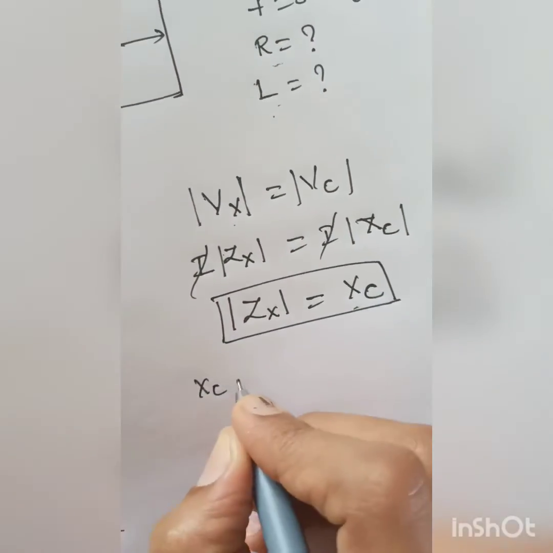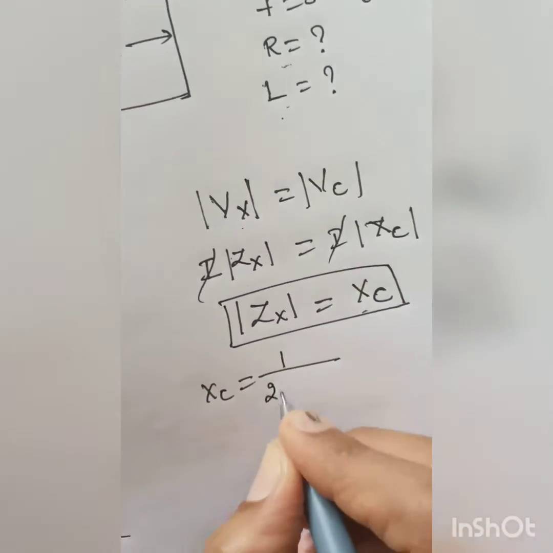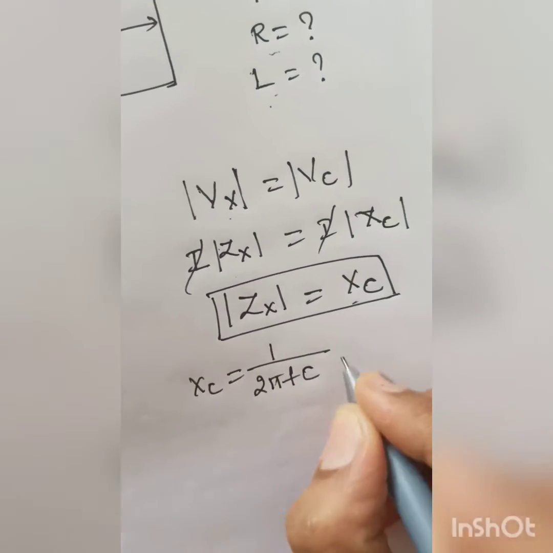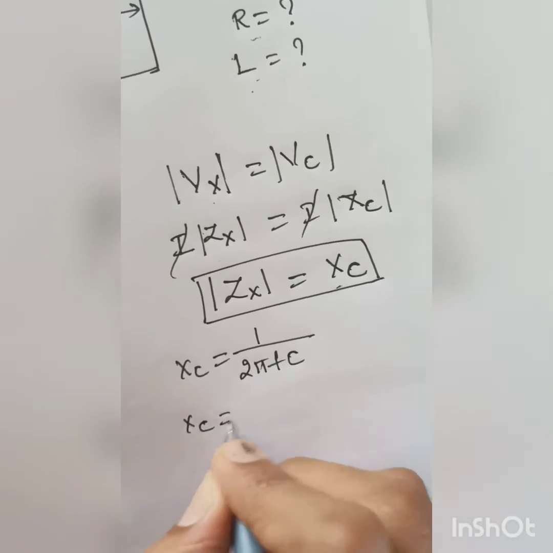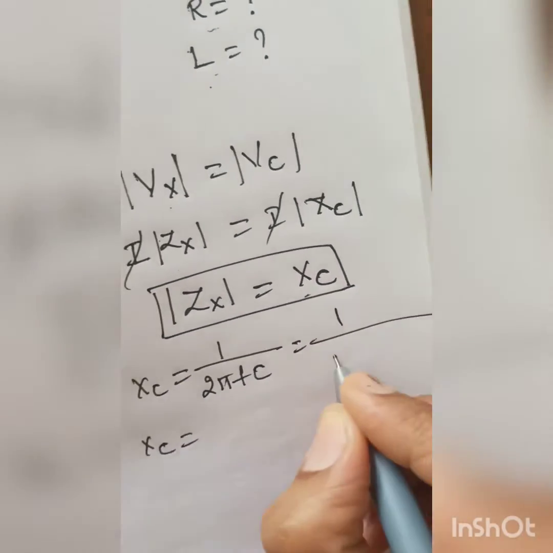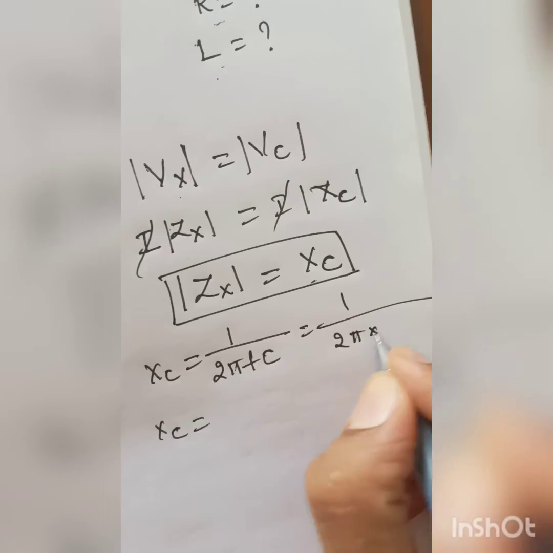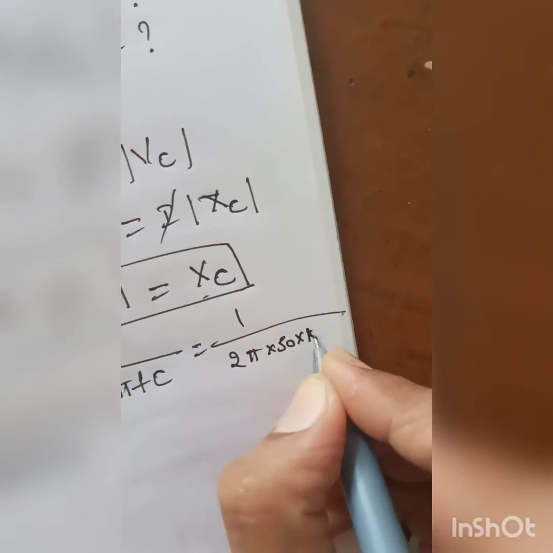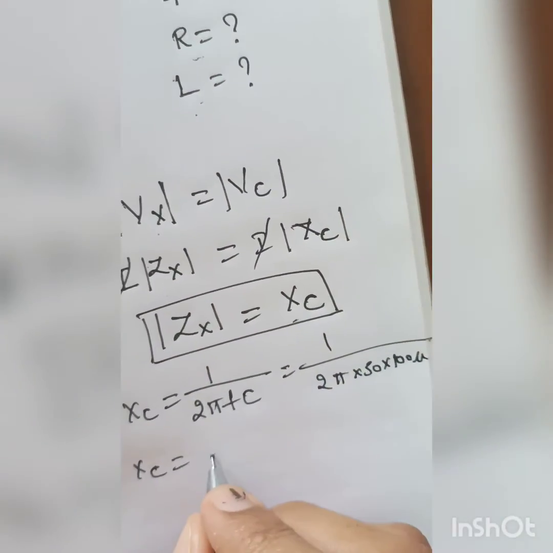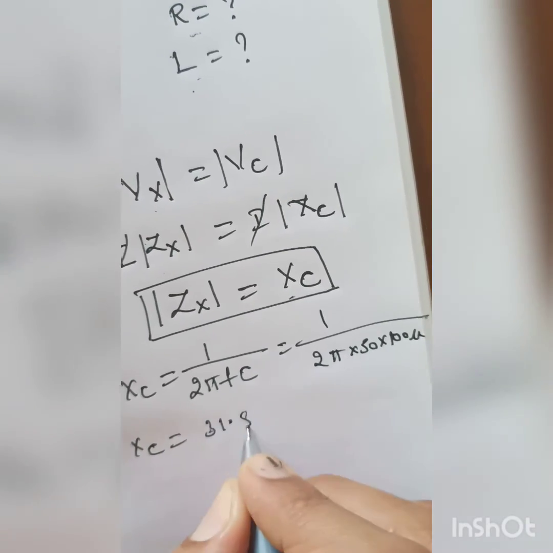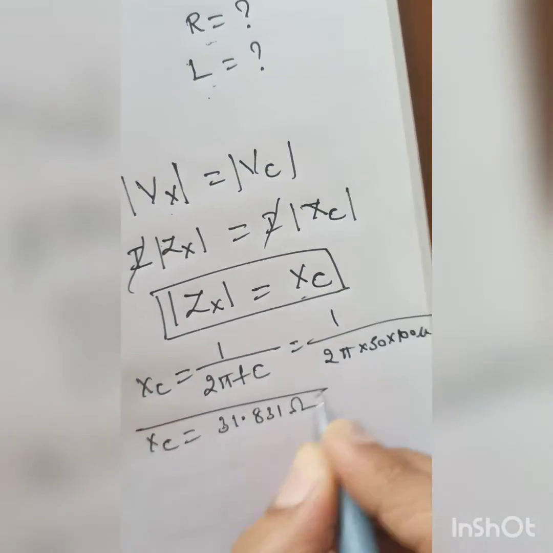We all know what Xc is. Xc is equal to 1 divided by 2 pi f C. If you substitute all the values, 2 pi into 50 into 100 micro, you'll get Xc as 31.831 ohms.